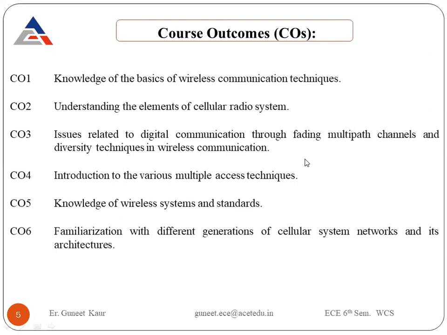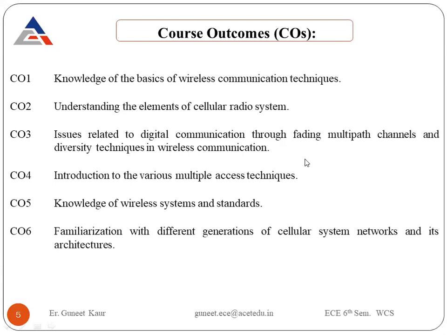Okay. Next course outcome is knowledge of wireless systems and standards. And the last course outcome is familiarization with different generations of cellular system networks and their architectures. Means you will learn about 2G, 3G, 4G, 5G, all architectures will be discussed in these course outcomes.